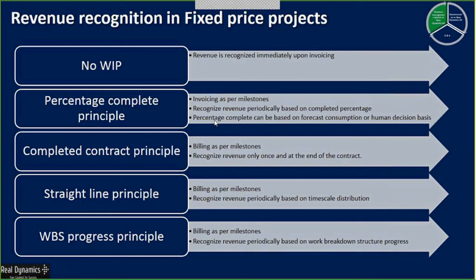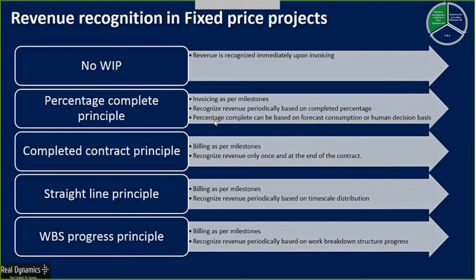Percentage completion can be leveraged. You can take the total cost on the project and get the cost that has been consumed. That way you'll know how much remaining cost or cost to complete there is, and use that as a basis to suggest a percentage completion factor to you.